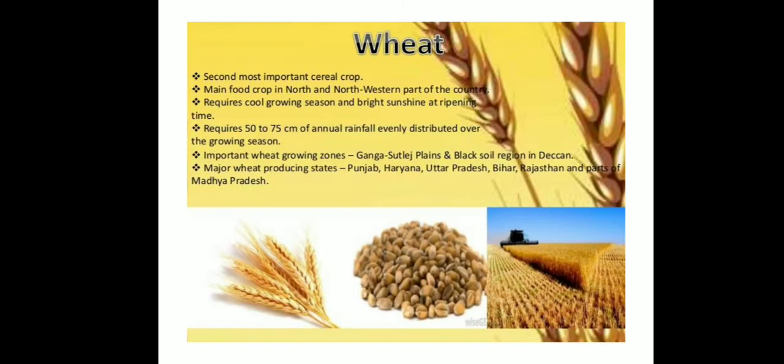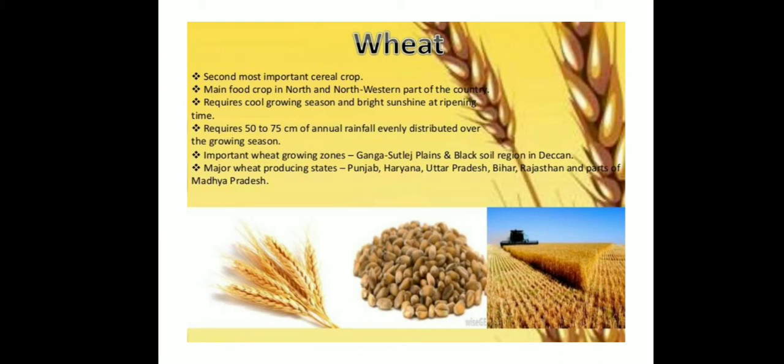Now, the next major crop is wheat, the second most important cereal crop. It is the main food crop in the north and northwest part of the country. It requires a cool growing season and bright sunshine at ripening time, that means when the crop is going to ripen, at that time bright sunshine must be there.